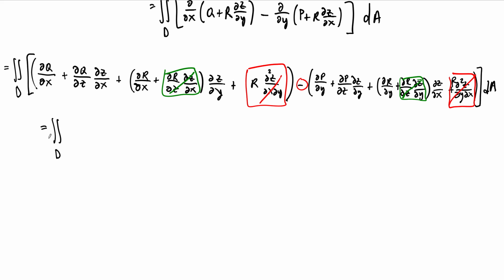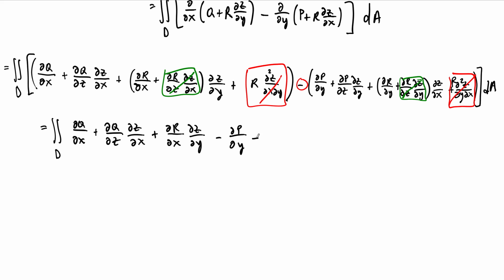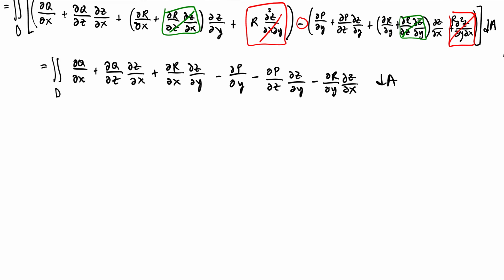And so finally, if we work all this out, we end up with dq dx plus dq dz times dz dx plus, this last term here is dr dx times dz dy, and then minus dp dy minus dp dz dz dy minus dr dy dz dx dA, and oh boy, sorry, let's group these together.